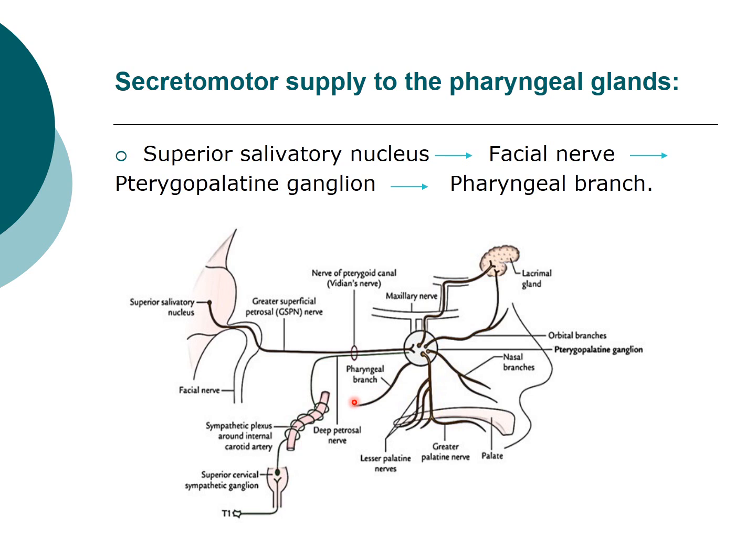The most important is to know which cranial nerve carries these secretomotor fibers. This is the facial nerve, and it relays in the pterygopalatine ganglion.